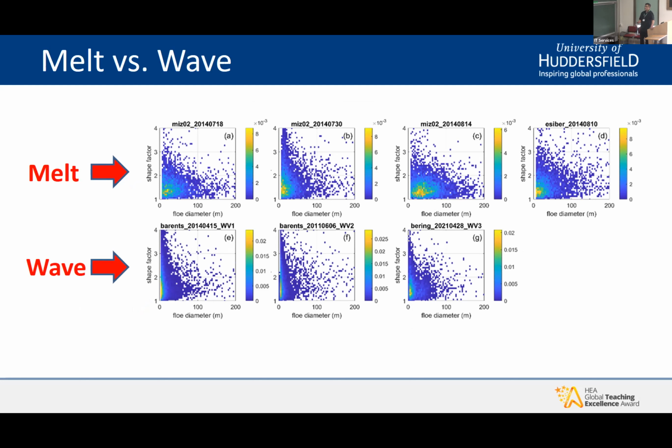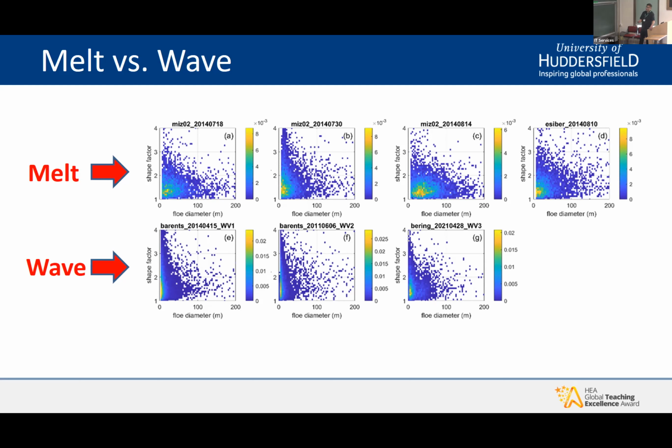What was interesting to see was that the y-axis is the shape vector, and the x-axis is the floe size up to 200 meters. When I look at these plots, there is a distinctive difference between melt and wave. Wave cases tend to have the shape vector spread out over a larger range.